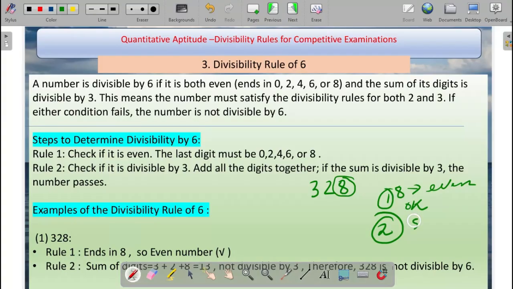That means the sum is 3 plus 2 plus 8, 13. So 13 is not divisible by 3. So here one condition is fulfilled and another condition is not fulfilled. So this number 328 is not divisible by 6.